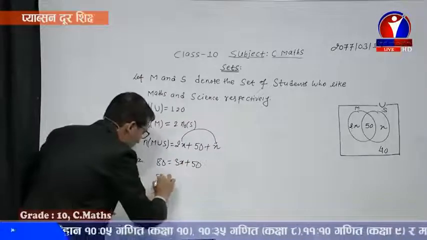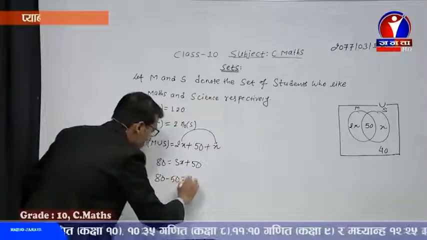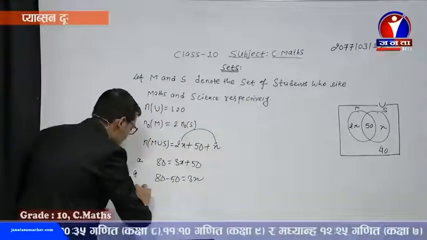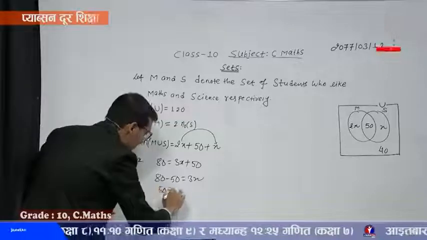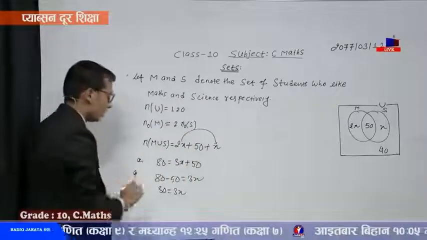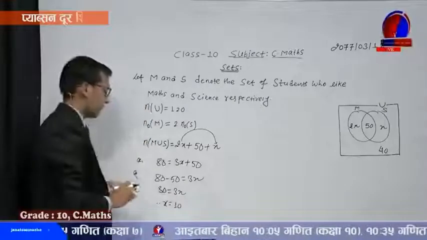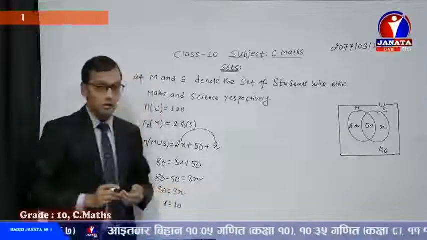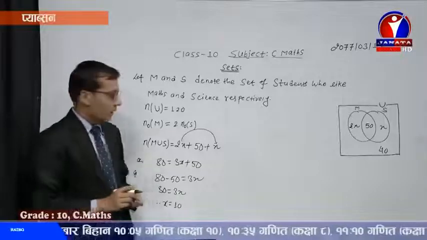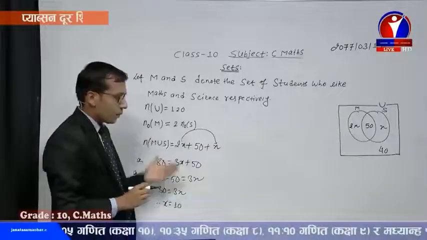Or 80 minus 50 is 3 times x, so 30 is equal to 3x. Therefore, what is x? X is 10. 30 over 3 is 10. So I hope you are getting up to this.